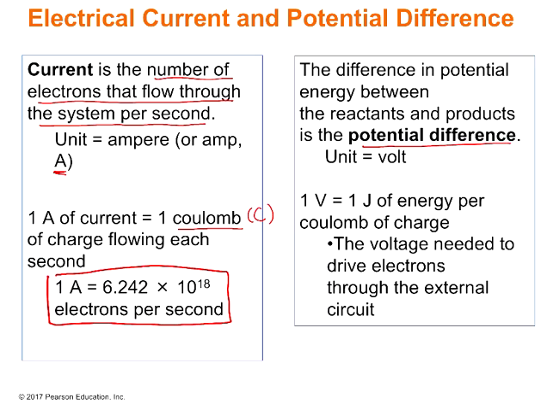All right, so the unit for potential difference is the volt, which has the symbol V, and 1 volt is equal to 1 joule of energy per coulomb of charge. So really all this is telling us is the voltage needed to drive electrons through the external circuit. So how much energy is needed, or how much energy does it take for electrons to move?